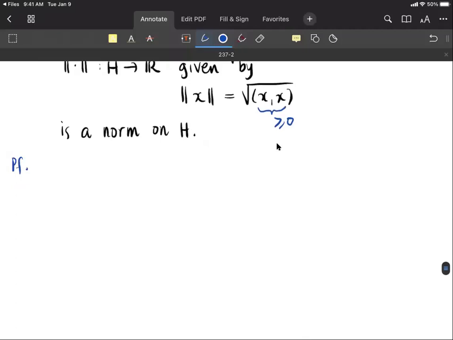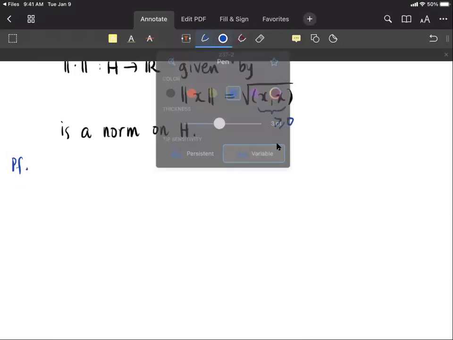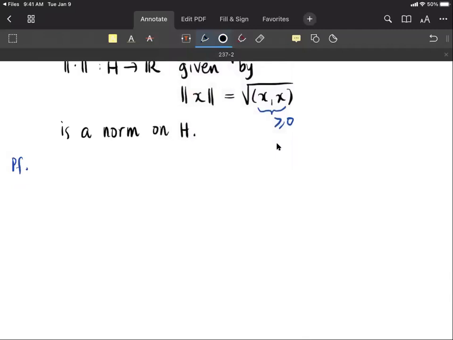So let us look at the proof of this. The norm is 0 if and only if, by definition, the square root of the inner product of x with itself is 0. Upon squaring both sides, that means the inner product of x with itself is 0.